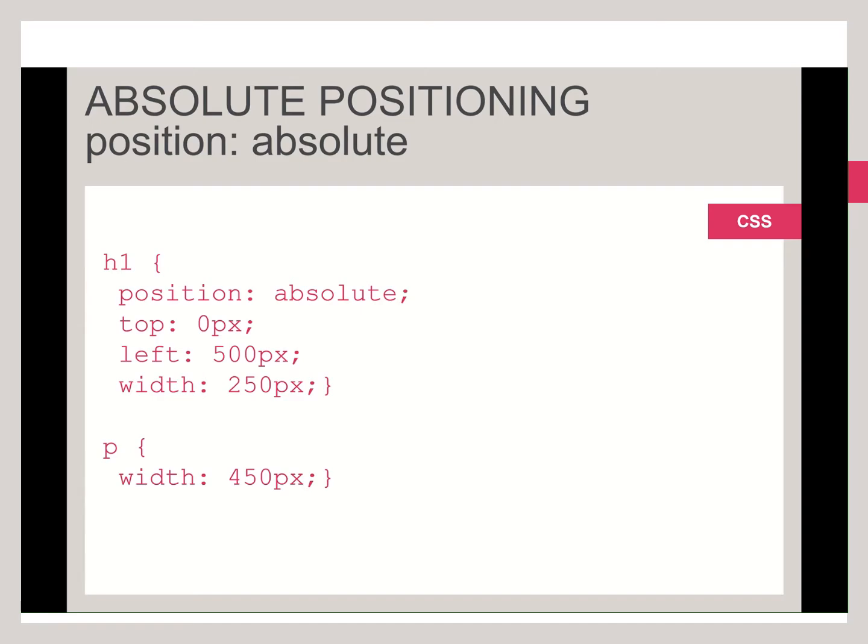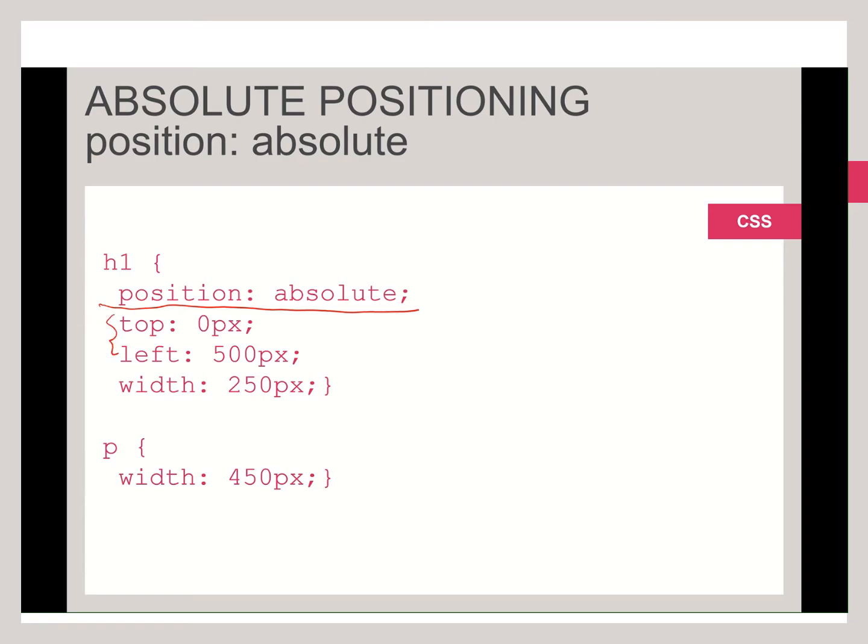So for the H1, for the same example as the previous one, the H1 is heading 1, and the containing element will be the body, correct? Now we want to use absolute positioning. So this is the first one, we use position absolute.